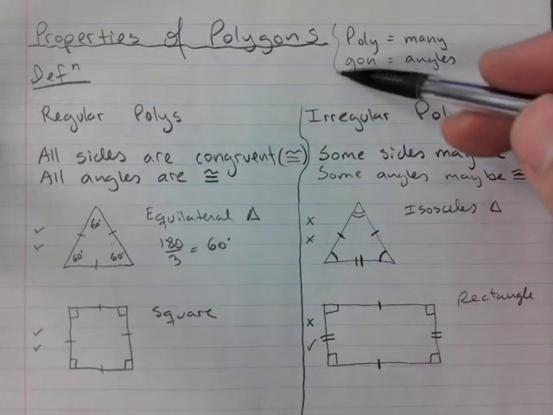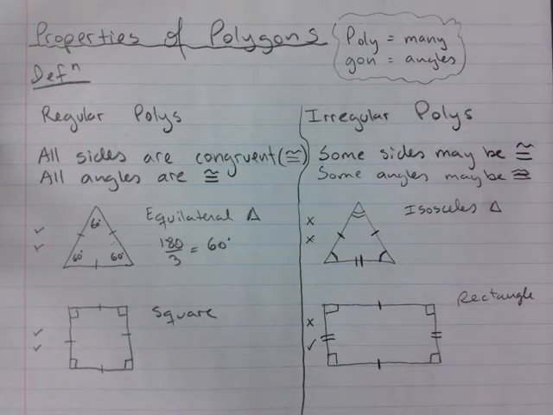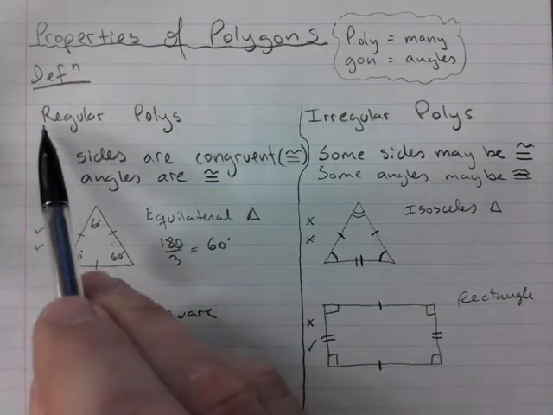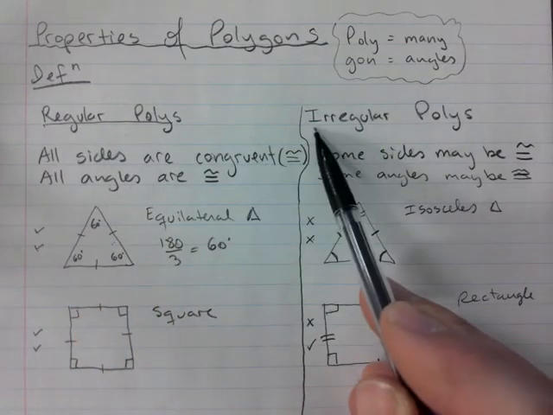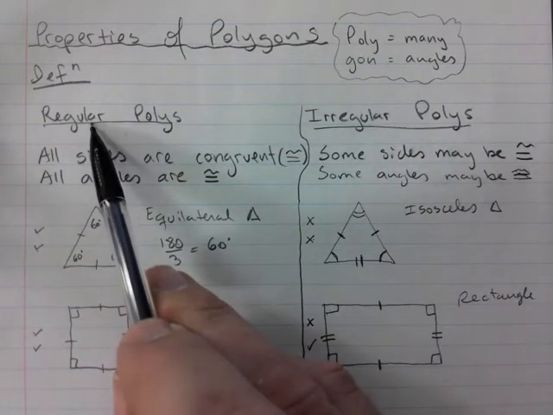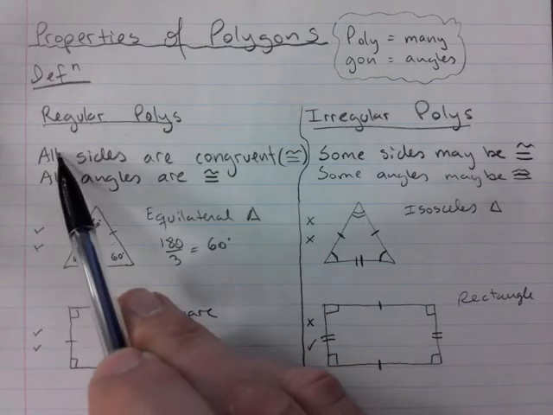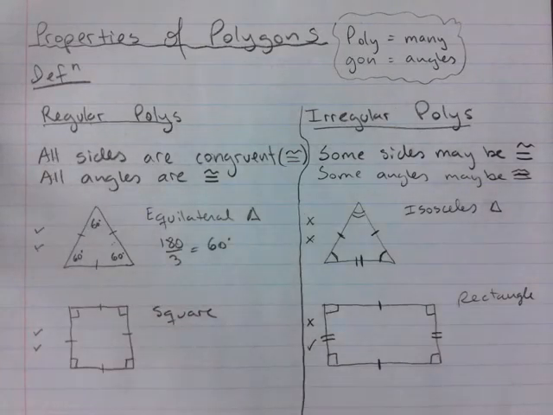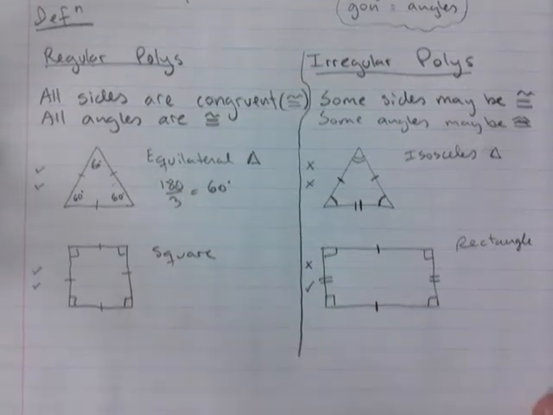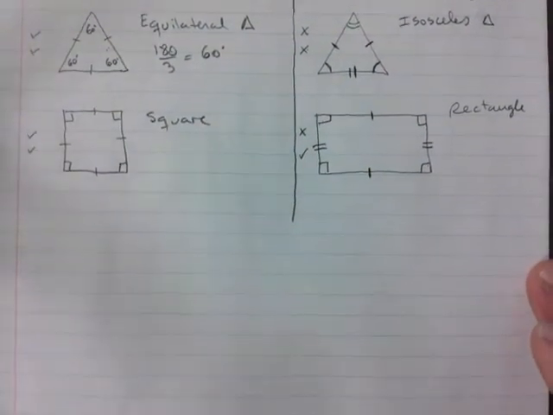So this is just an aside. A triangle, a square, a rectangle, those are all polygons. But right now we're distinguishing between regular and irregular. If you see the word regular, it means a lot to us. It means that these two are true. It's just like saying parallel. It means more than just a word. Let's keep going.